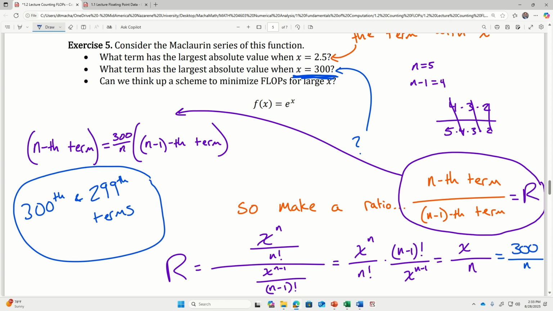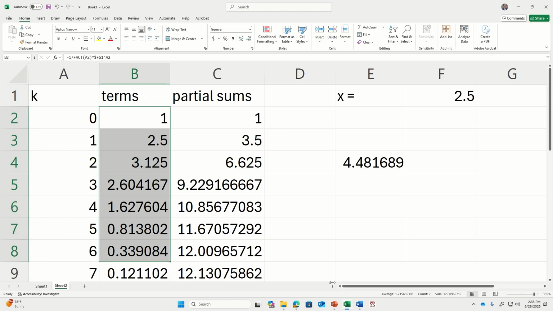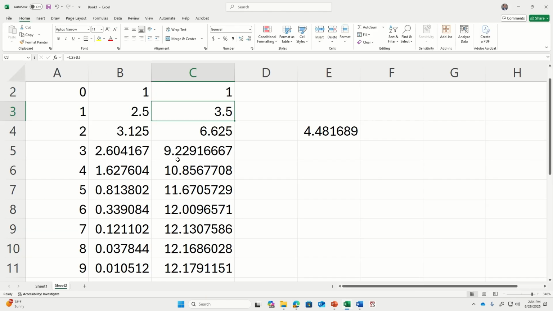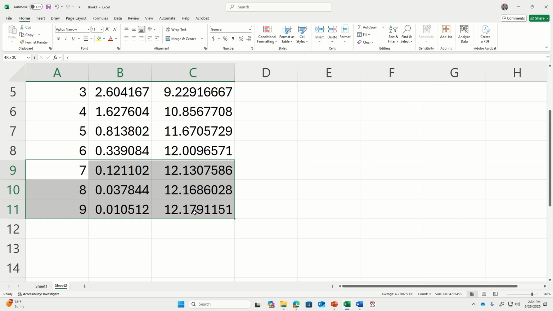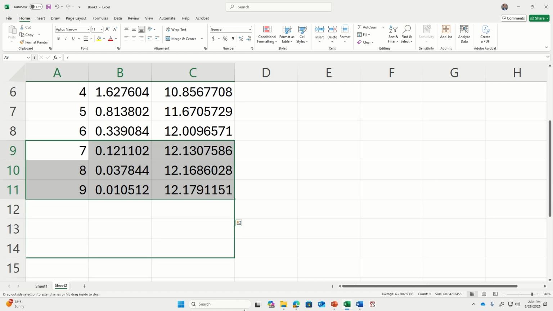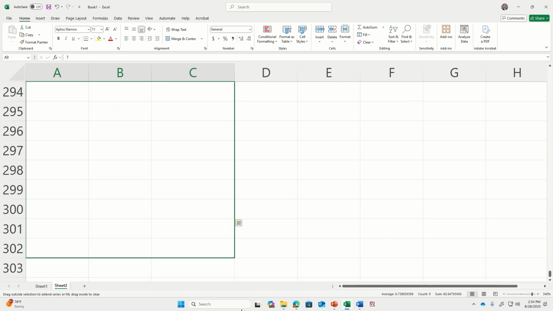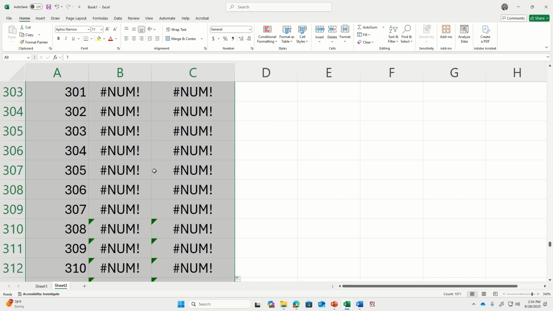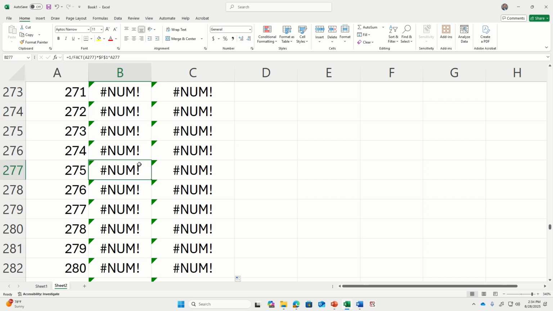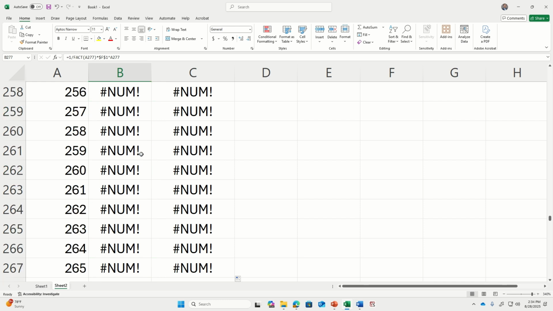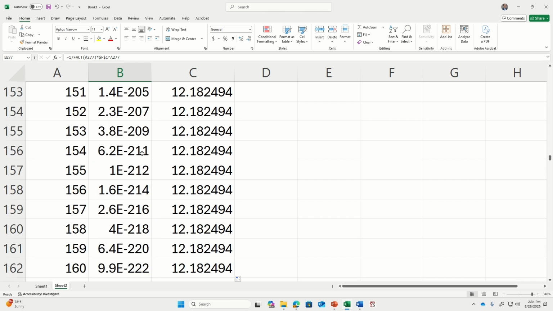And we can check this really quick, because it's always a good idea to check your work. What I'm going to do is just extend this by 300. I'm going to look for a place where, oh, I guess that number is just too big. Yikes.